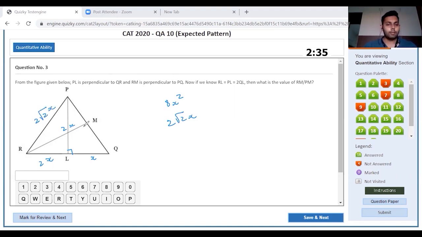We need RM by PM. So this is also perpendicular. Okay. Now I have 2X here and I need to find this. So it will be 5X square. So PQ is root 5X. I got PQ as root 5X, right?